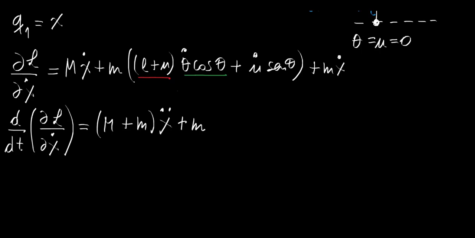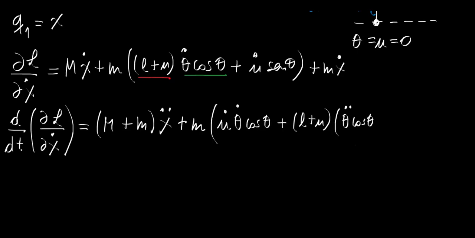Okay, so we need now to apply the product rule for derivatives. So let's first derive the red term, just u dot, times the green one, plus the red function times the derivative of the green one, which is first again the product rule, theta 2 dot cosine of theta, and now the derivative of cosine of theta, which is minus sine of theta times theta dot.